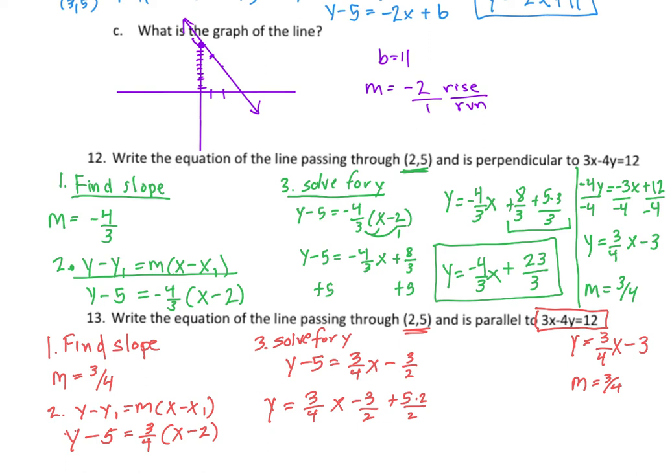So our final equation is y equals 3/4 x plus 7/2. And that is the equation to our line. So depending if our line is parallel or perpendicular, really affects the slope and then how you do the problem.